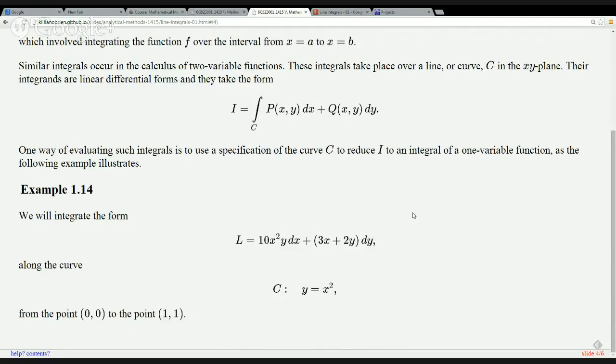Then we use both of these substitutions to rewrite the original integral as an integral of a single variable function, something that we already understand and know how to evaluate.